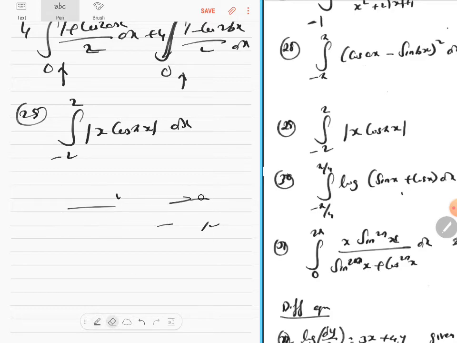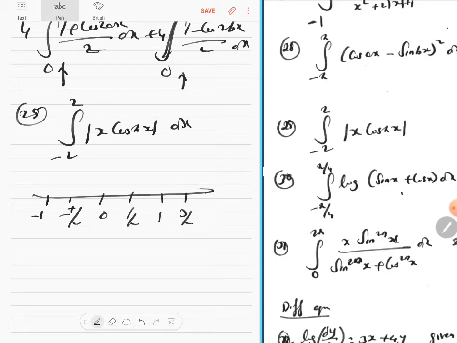And while doing so I also told you how to do it for x cos pi x. It will be like, normally, minus 1, minus half, 0, half, 1, 3 by 2, and then 2. That's all.